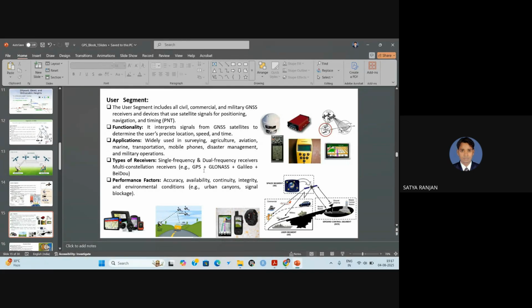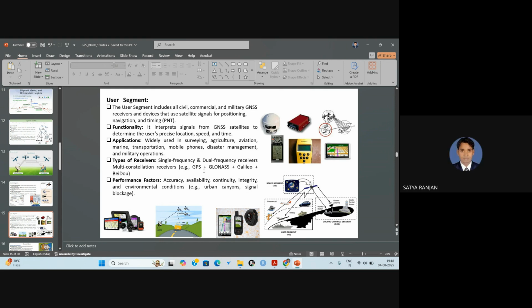Some GPS receivers use GPS constellation, GLONASS and Galileo, two or three types of constellation are used. And some devices use only one constellation. So if more constellations are there, then the accuracy of the information is more. That's why we use multiple constellation data.